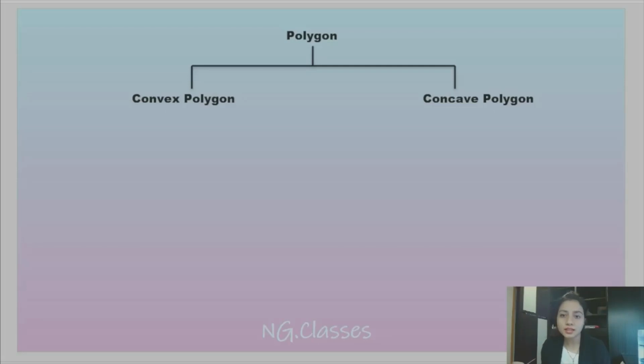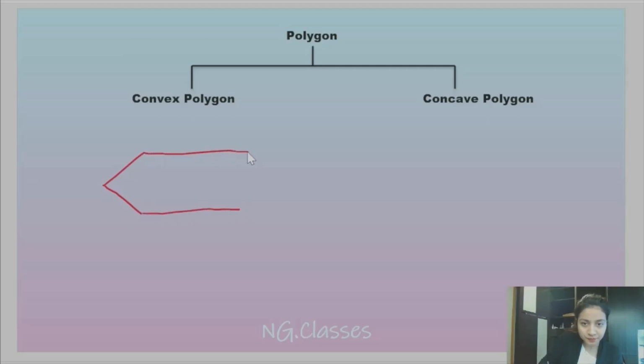Now, what is a convex and concave polygon? Suppose I am drawing a pentagon. A, B, C, D, E. Here, when we draw a diagonal, or connect two non-consecutive vertices like A and C, we get diagonal AC, which is lying in the interior of the polygon.